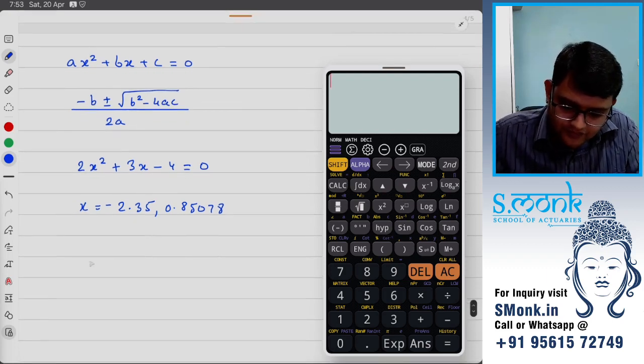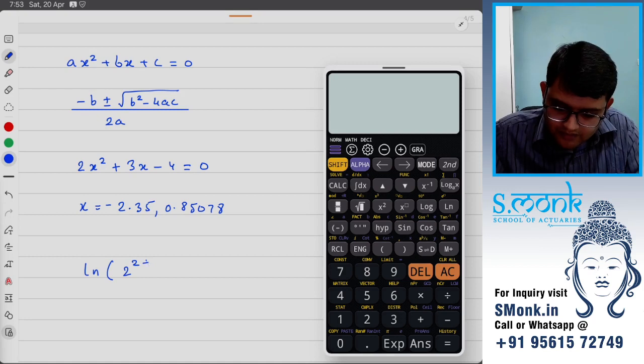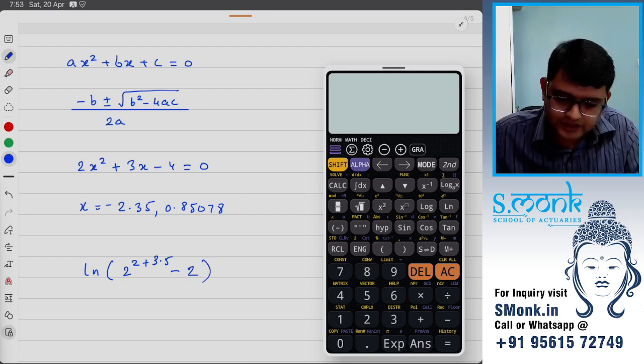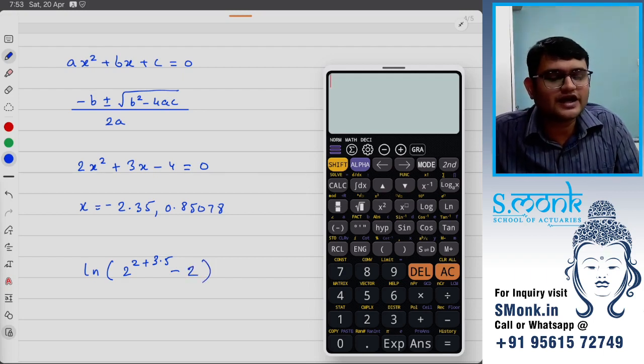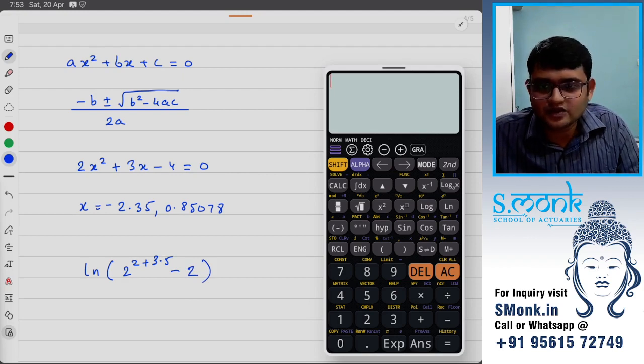So if I have, let's say, log of 2 square plus 3.5 minus 2, let's say this is the equation. I can directly make this equation in my calculator.